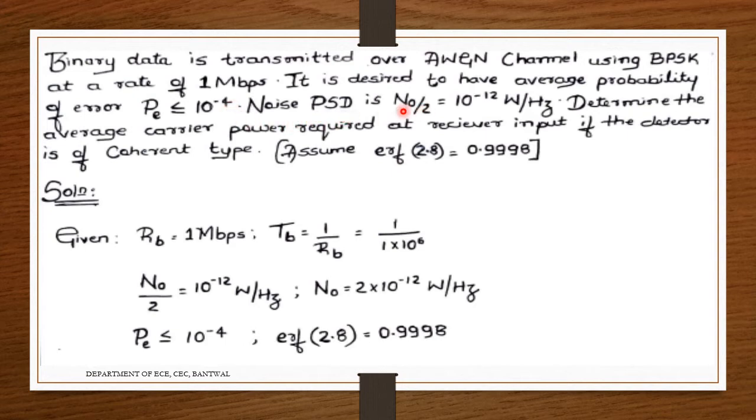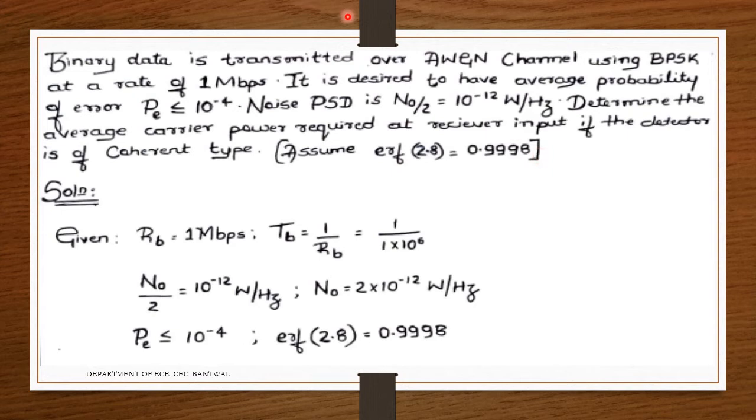Noise PSD N0 by 2 is equal to 10 to the power of minus 12 watt per hertz. Determine the average carrier power required at the receiver input if the detector is of coherent type. They have given that error function of 2.8 is equal to 0.9998. So this is the question.